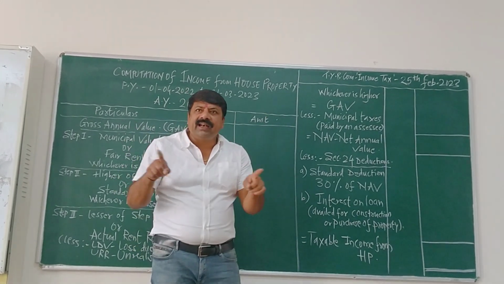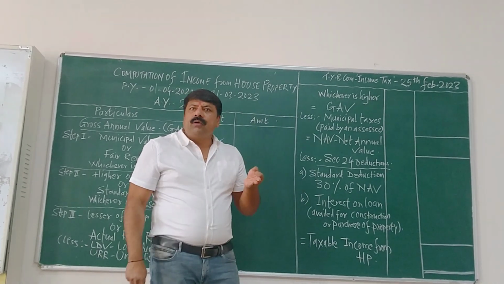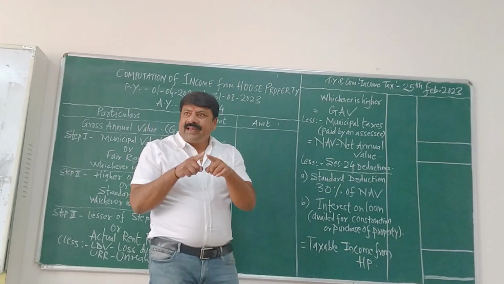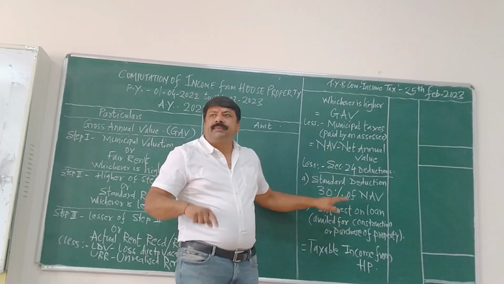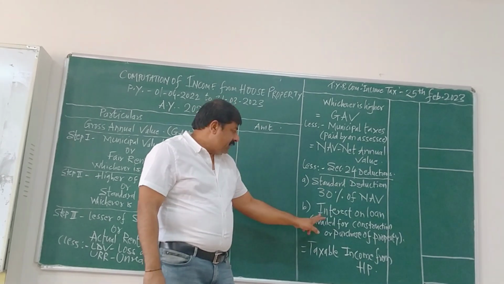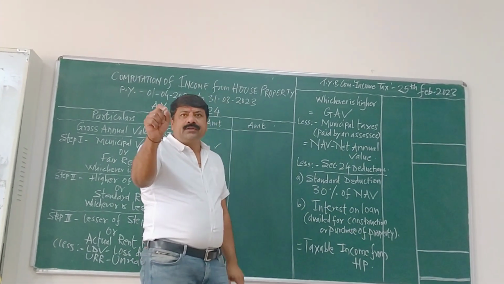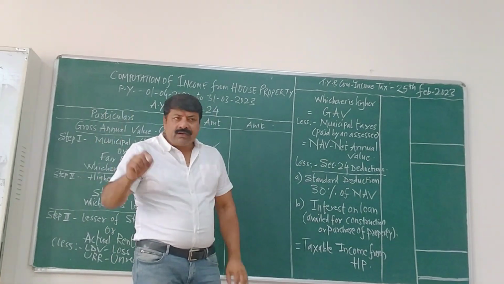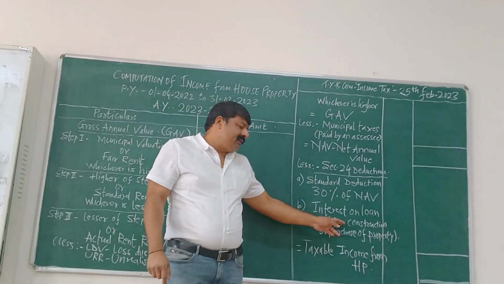All expenses relating to the property, like rent collection charges, annual rent, ground rent, everything, he has to meet within this 30%. No other deduction is there except interest. In point B, interest on loan is deductible. But the condition is that the loan must have been taken for the construction or purchase of the property. Then only it is deductible.